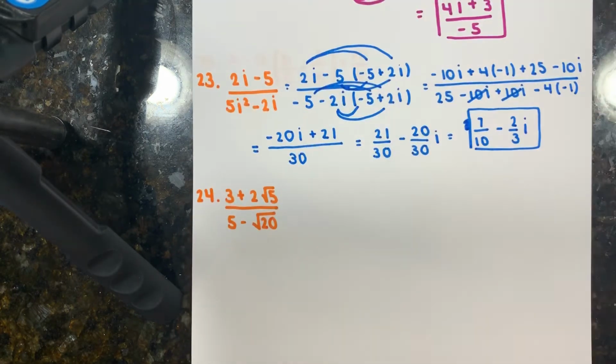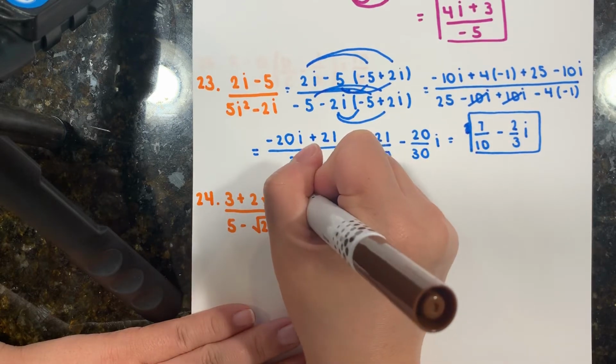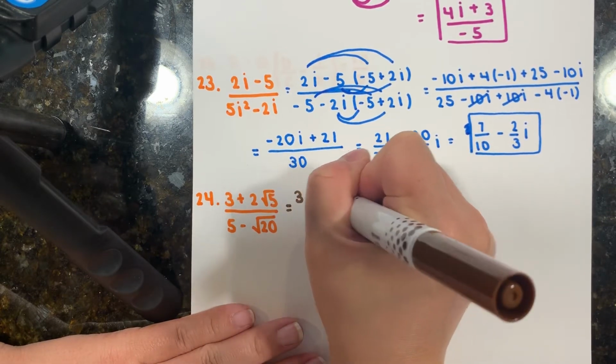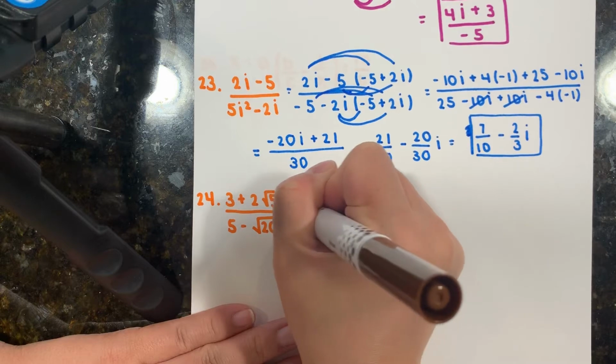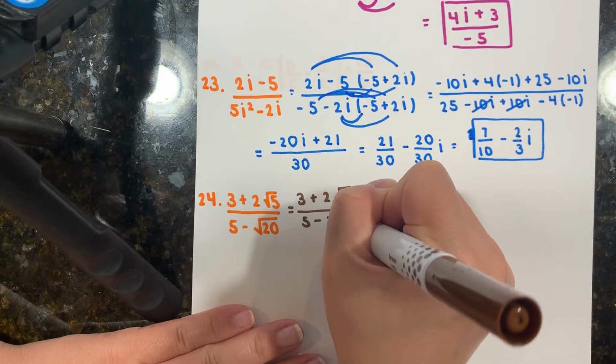Now lastly, number 24, the square root of 20 can simplify to 2 root 5. So this is actually going to be 3 plus 2 root 5 over 5 minus 2 root 5.